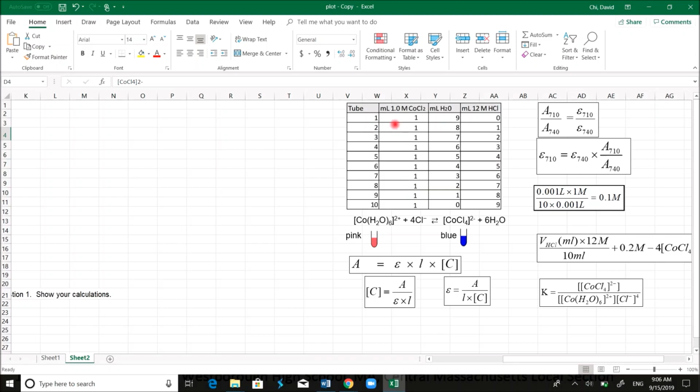It should equal 1 milliliter, which equals 0.001 liter, multiplied by 1 molarity, and that gives you the number of moles of cobalt chloride added in the system, divided by the volume of the test tube, which is 1 plus 9, and that is 10 milliliters, times 0.001 converted to liters, and that gives you 0.1 molarity. This is the concentration of cobalt tetrachloride in test tube 10. With this in mind, we now calculate the extinction coefficient.